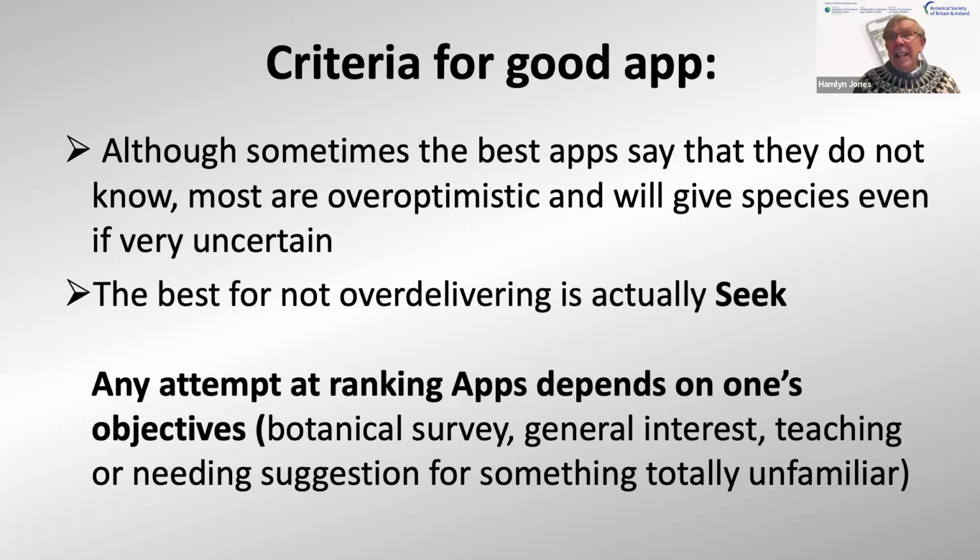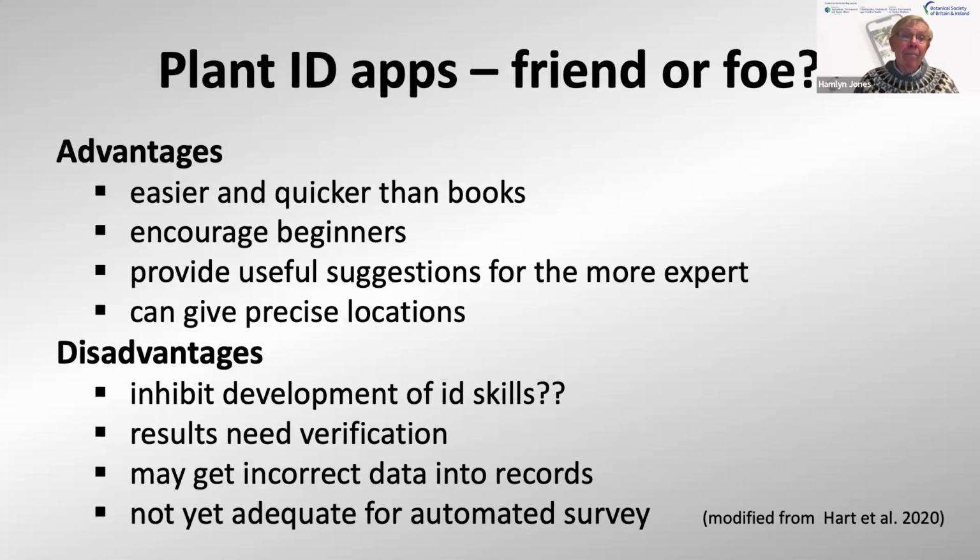So I can't easily rank the apps. It depends on your own objectives, what you find most comfortable working with. And it depends whether you're doing botanical surveys, it's just general interest, or whether you're teaching, or whether you're just needing a suggestion for some totally unfamiliar species.